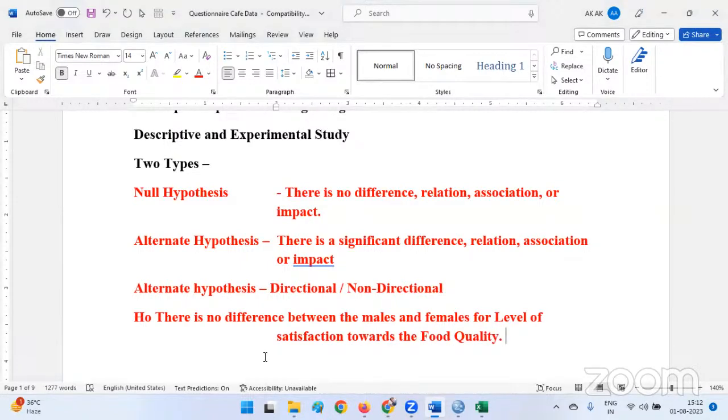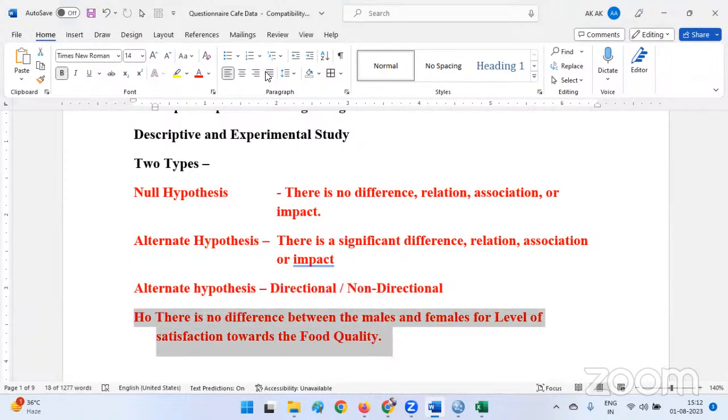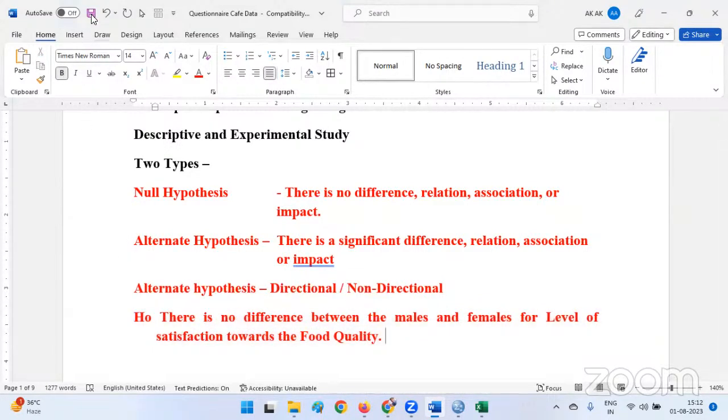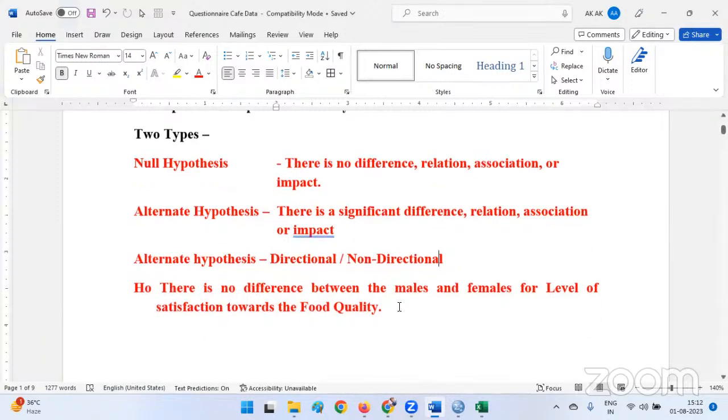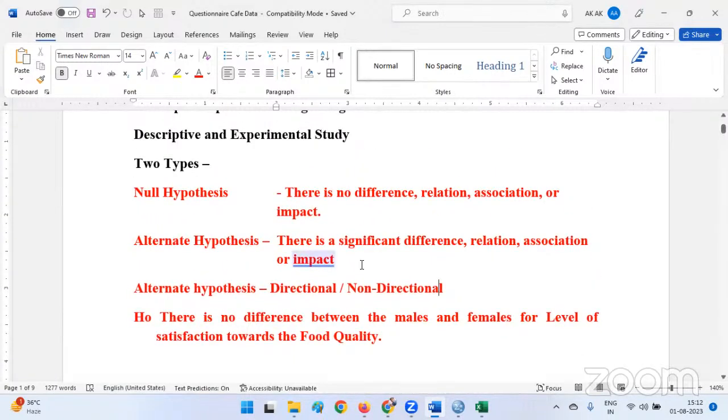So it simply means that girls and boys, males and females have the same perception for the food quality, same level of satisfaction for the food quality.